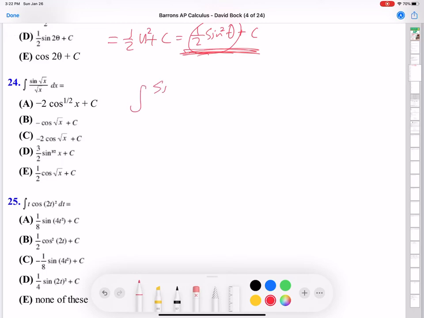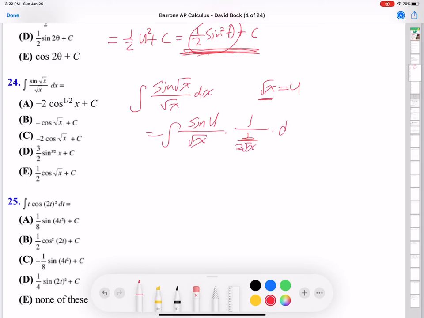Number 24. Integral sine root x over root x dx. The root x part is going to be u. So if we change to the integral of sine u over root x, change dx to du times 1 over u prime, which is 1 over 2 root x. The derivative of root x equals 1 over 2 root x, and then du.